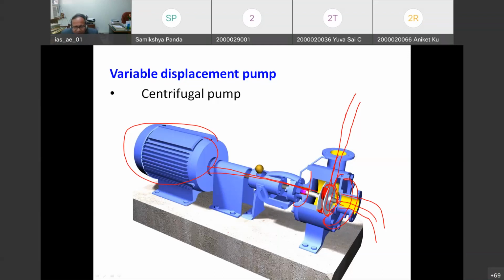Here we are using a bush type of structure, so that whatever water comes here will not go out in this direction. That's why we are providing some sealing through the bush.